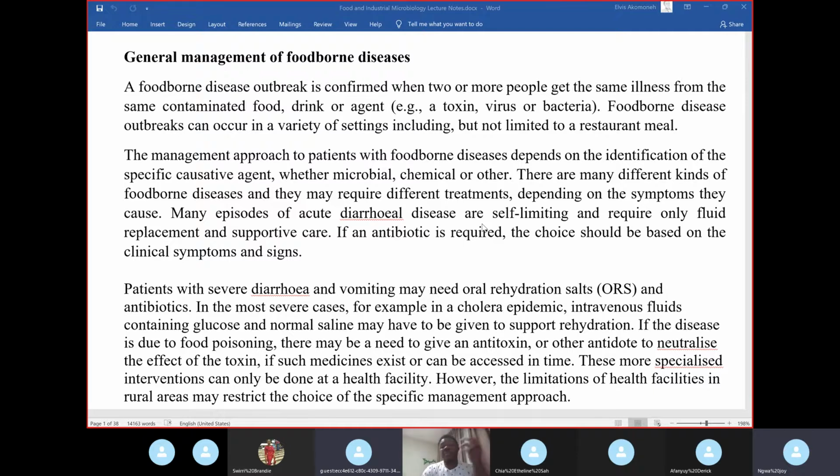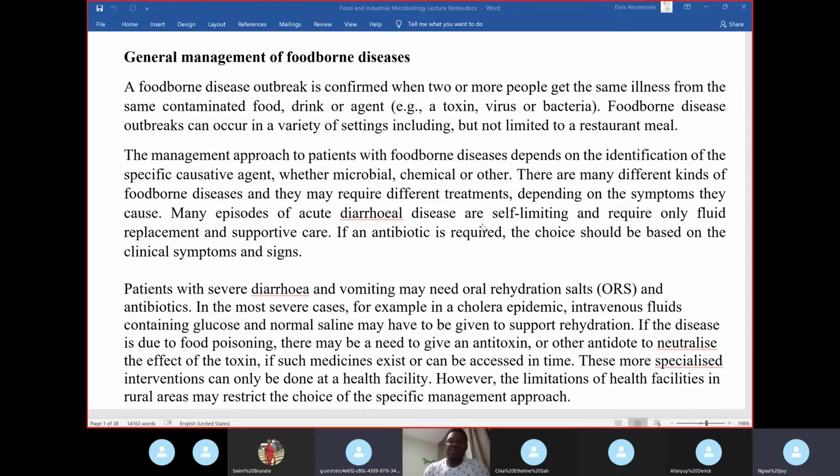The aim is to ensure that we limit the spread of the outbreak and avoid future occurrences.